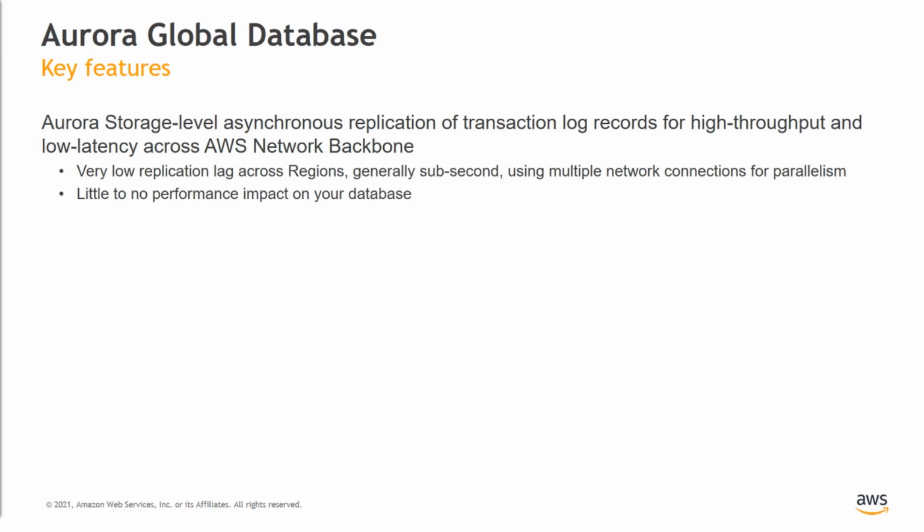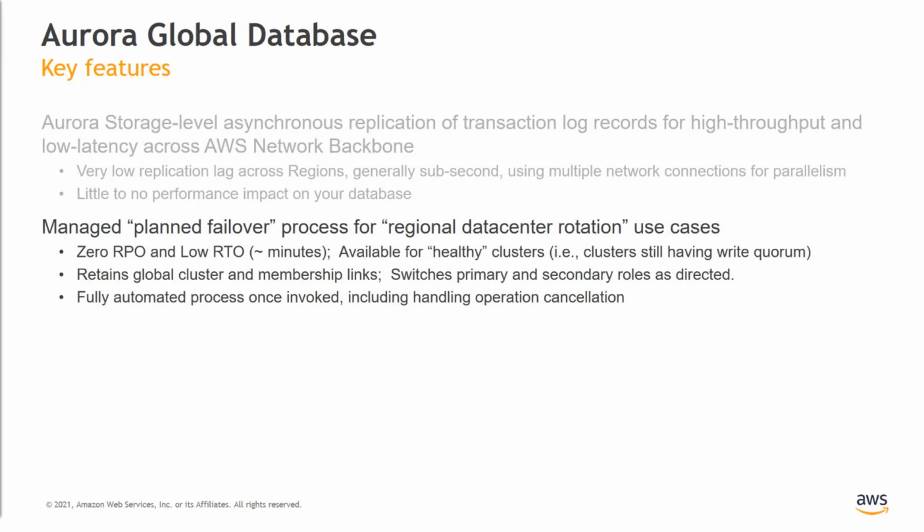So that AWS backbone provides very low latency under normal operating scenarios, right? Also, the nice thing about global database is it provides some optimizations for failover. In some cases, we have a managed planned failover process.